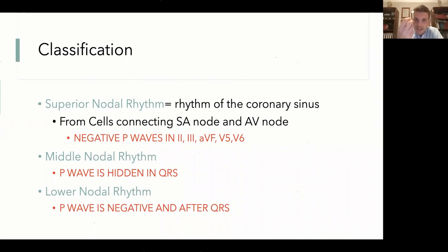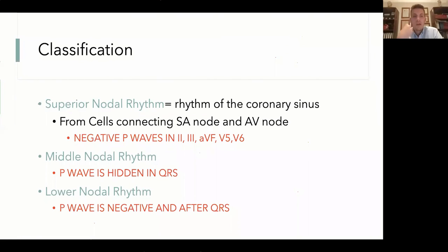The SA node is high up in the right atrium, and now the junctional area starts firing around the AV node, so it's normal that the P wave will be negative, okay? So those are around the area of the coronary sinus.